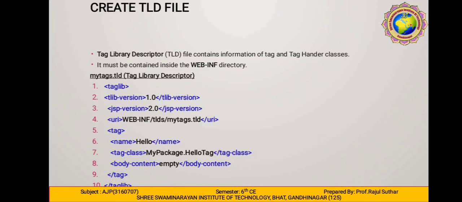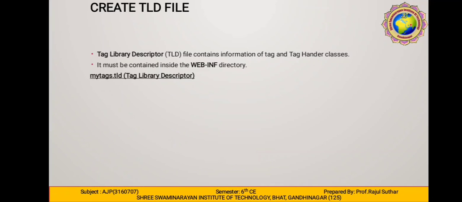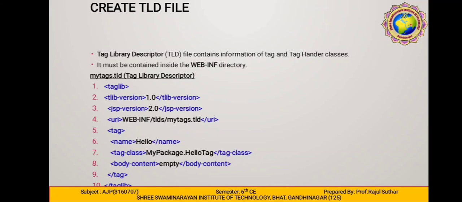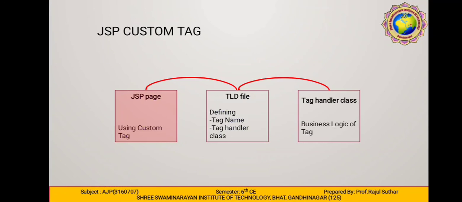Here mytag.tld is used as the tag library descriptor, with the taglib element. Here the version is indicated, the JSP version is indicated, then the URI is under WEB-INF. We require this total path. Then the name is hello, the tag class is mypackage.HelloTag, and the body content is empty.